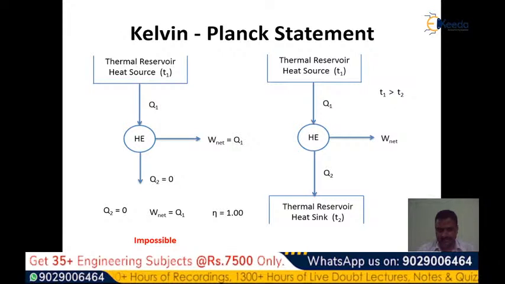So here the temperature of the heat source is greater than the temperature of the heat sink. This is the Kelvin-Planck statement of the second law of thermodynamics, and this arrangement is possible.